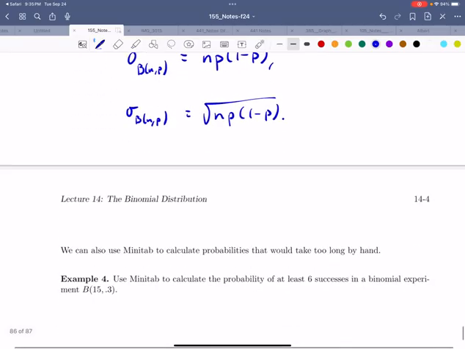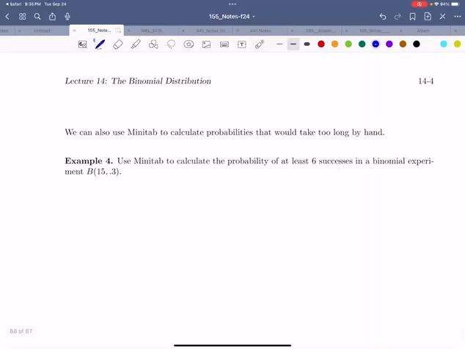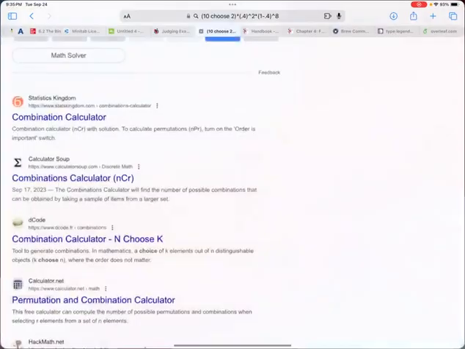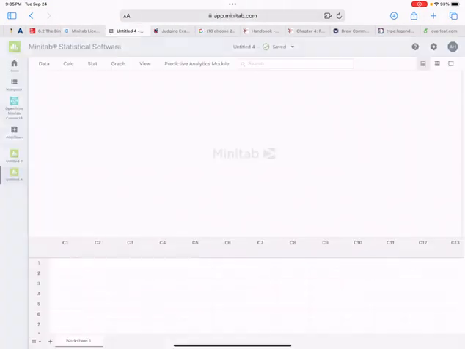All right. So anyway, last but not least, sometimes a problem is just too long to do by hand. Let's use Minitab to calculate the probability of at least 6 successes in a binomial experiment. All right, so let's open Minitab.